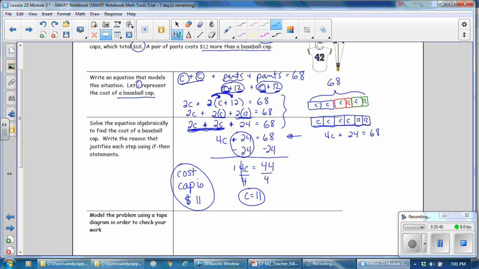So checking our work, we have the cost of a cap is $11. So that would be 11 plus 11 plus 11 plus 11 plus 12 plus 12. If we add all of that together and we get $68, then our answer is correct. So go ahead and pause the video, check that out, and see if it equals $68.